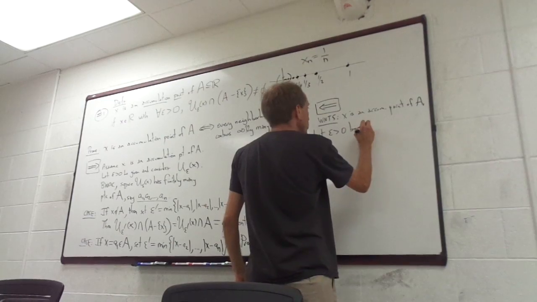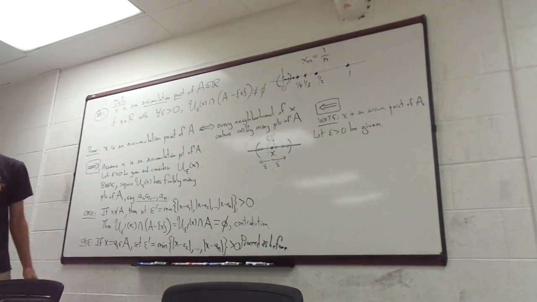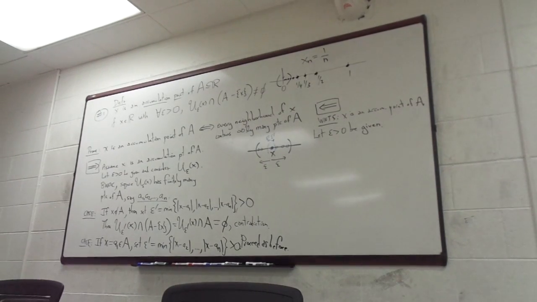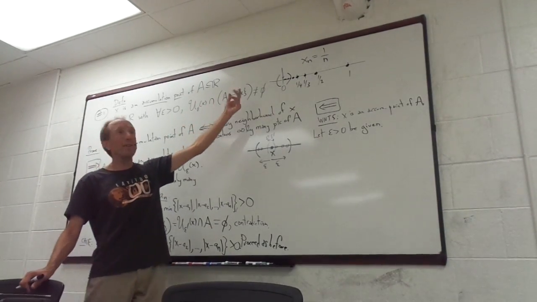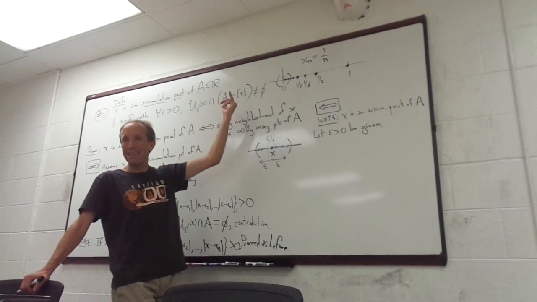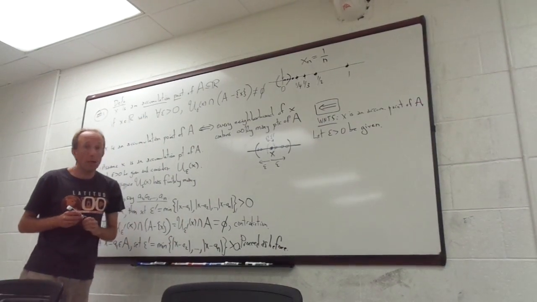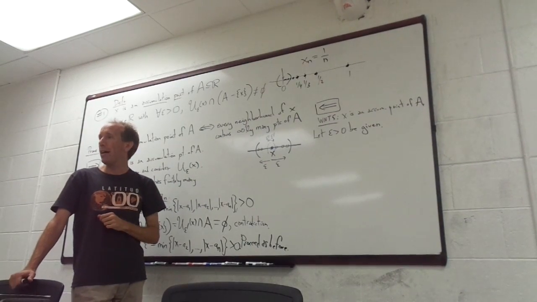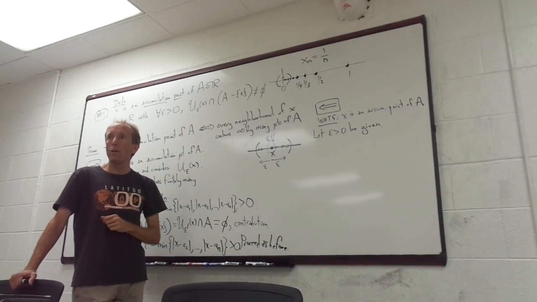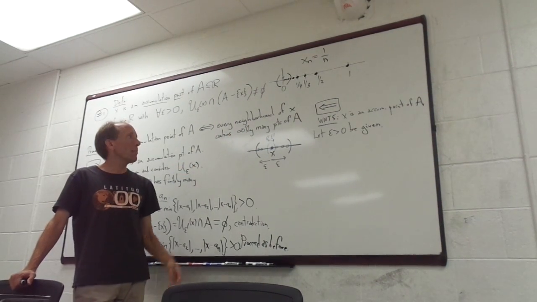Whenever you're proving that something is true for all epsilon, you just have to start with an arbitrary epsilon and go from there. So for every epsilon greater than 0, we're going to prove that it has a non-trivial intersection with A minus x. But what we are given is that every neighborhood of x contains infinitely many points of A. So, starting from epsilon greater than 0 be given, can we make a neighborhood?